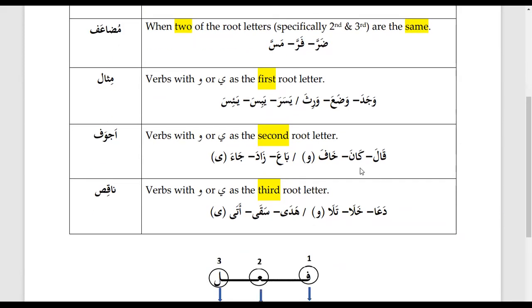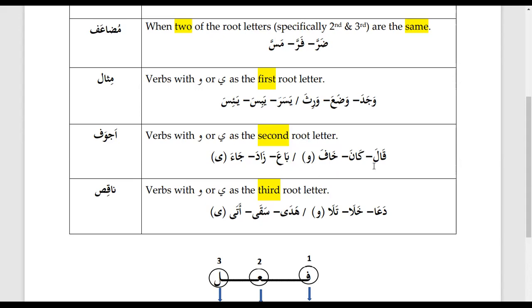Similarly, qala and ba'a, if you remember, the sixth one changes into qulna. And if it is ajwaf wawi, as it has waw, the qaf will take dhamma, and if it is yai, then the sixth one will take kasra.